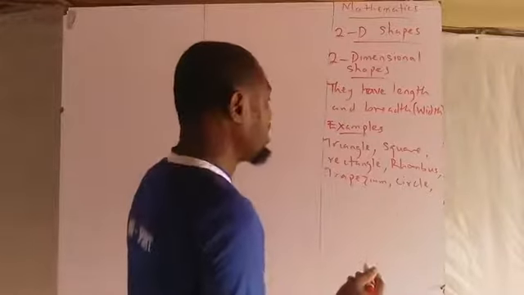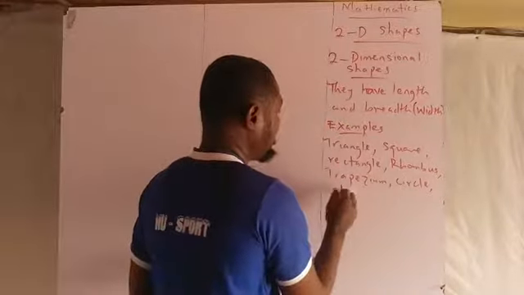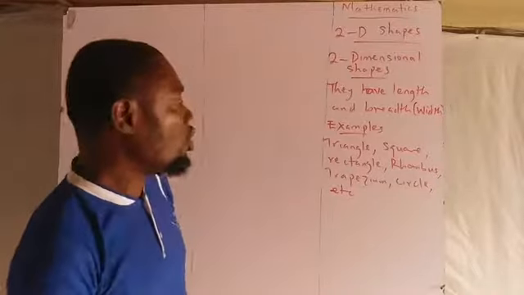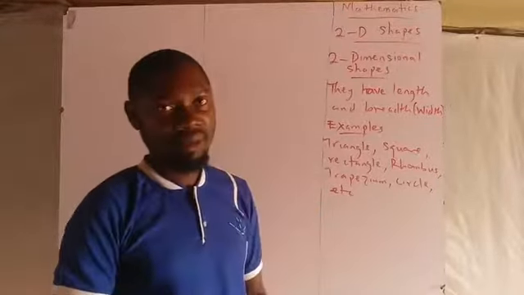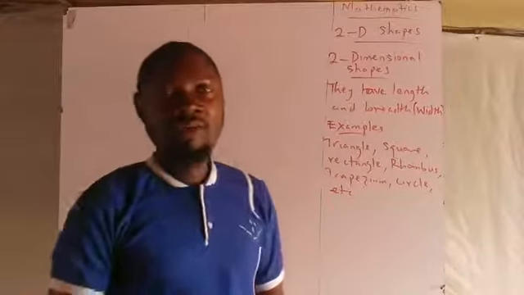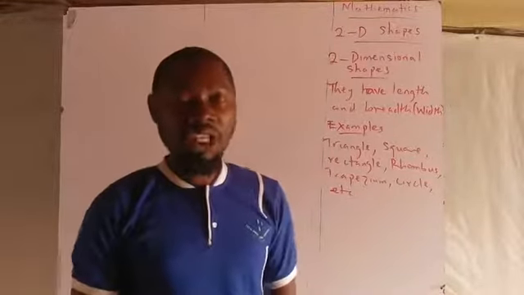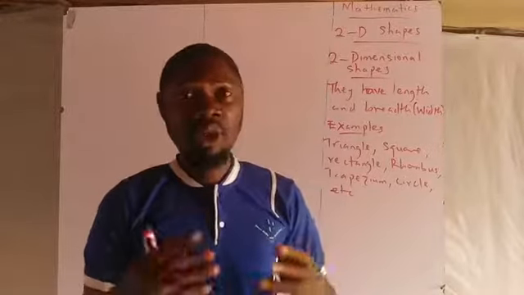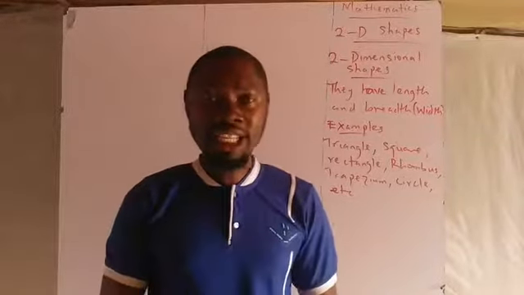Okay, let me just stop there. These are some of the examples of two-dimensional shapes. The pentagon, the hexagon, nonagon, octagon, decagon, undecagon, duodecagon.